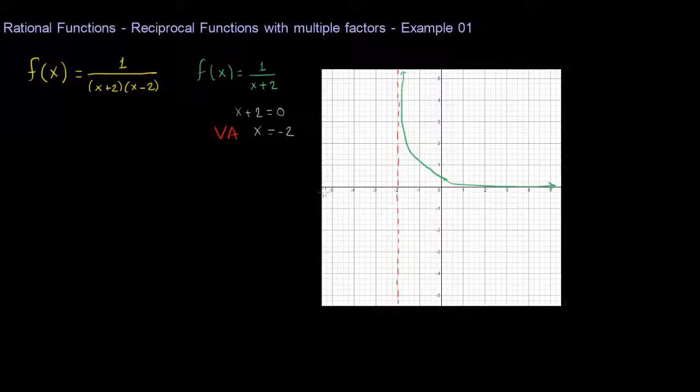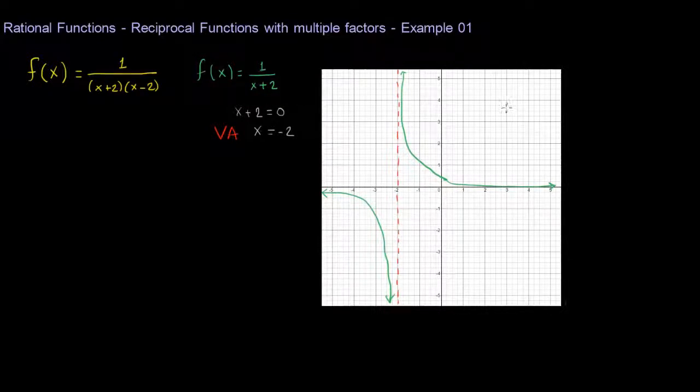And from the other side, it goes all the way through here. I'm not drawing it perfectly because I'm not much of a drawer. So this would be roughly the graph for this green function, f of x.